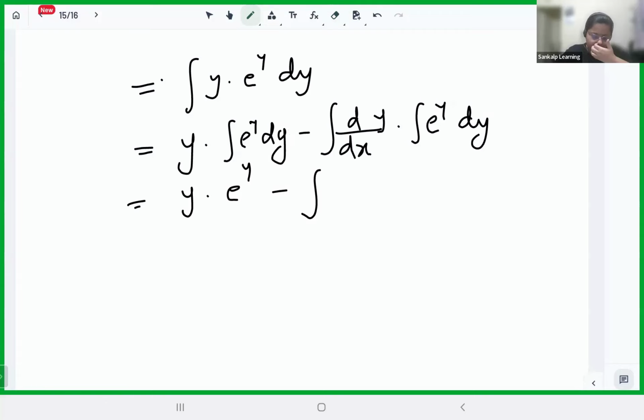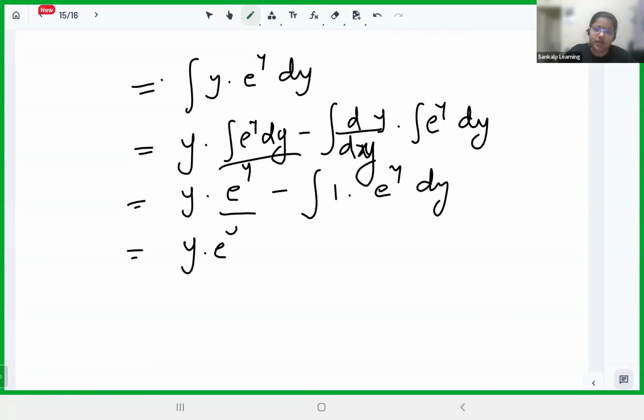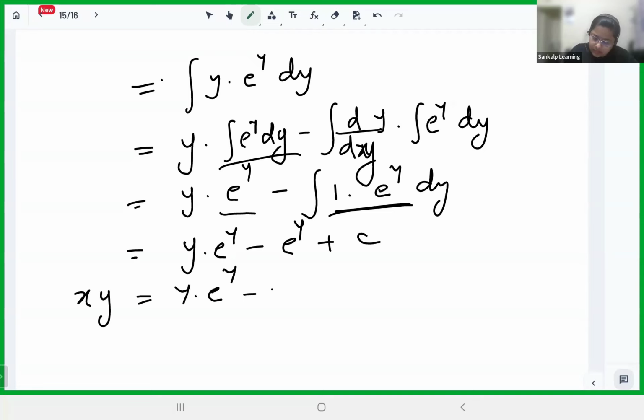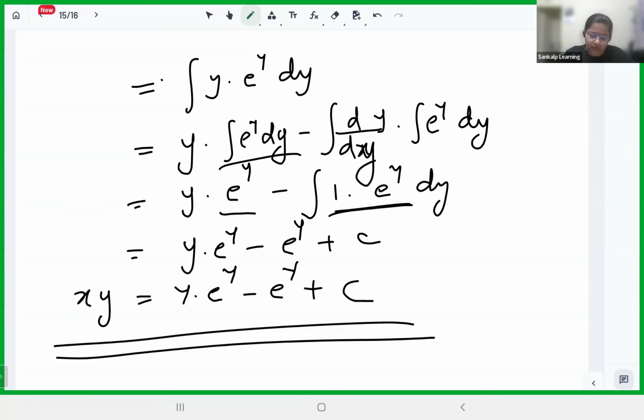So e raised to y integrated with respect to y is e raised to y, minus d by dy of y is 1, into e raised to y, whose integral is e raised to y itself. So this is y into e raised to y minus, what is the integral of e raised to y? e raised to y itself, plus c. So this is x into y equal to y into e raised to y minus e raised to y plus c.